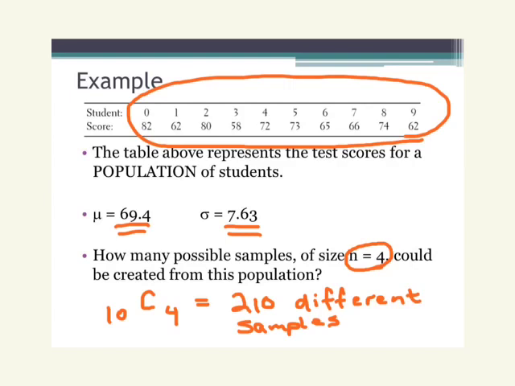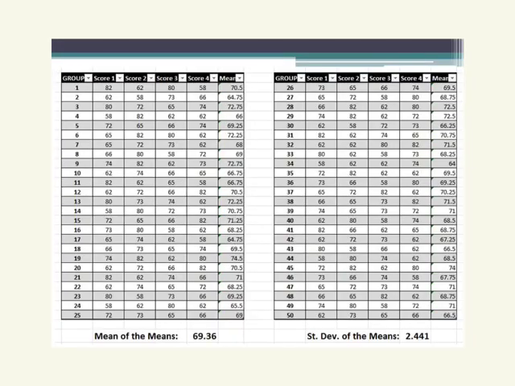I created 50 different samples from this population, and I want to show those to you right now. So here you have 50 different samples of size 4 from those 10 original test scores, and you can see those listed out here. For each, I have the group number, 4 of the scores, and I found the average of those in the far right column of each side of this table.